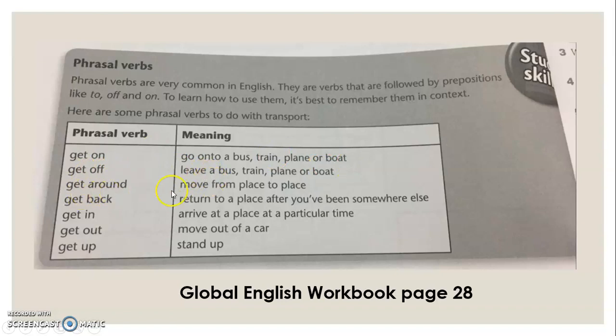Get around means you can move from one place to another. Get back, it refers to the return to the place that you have been. Get in means you have arrived in a place at a particular time. Get out means you move out of a car, or you come out from a car. And get up is when you stand up.